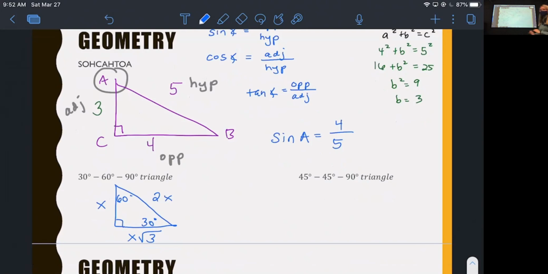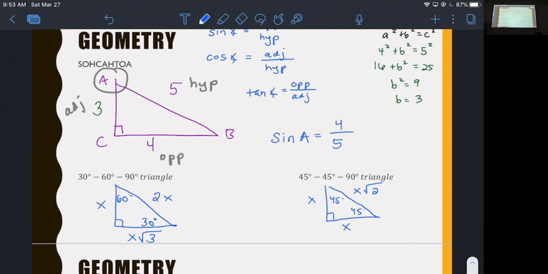And then your 45, 45, 90 degree triangle is your isosceles right triangle. If those two angles are the same, then the sides across from them are the same. It's isosceles. And then the hypotenuse is x times square root 2. So if the two sides were 3 and 3, then the hypotenuse would be 3 square root 2.